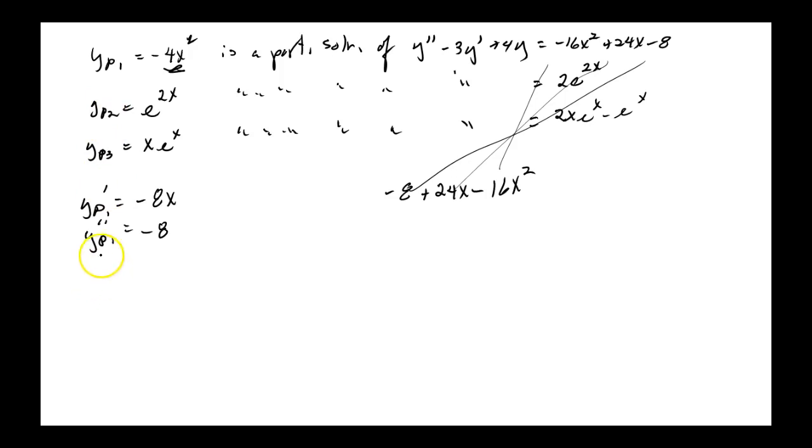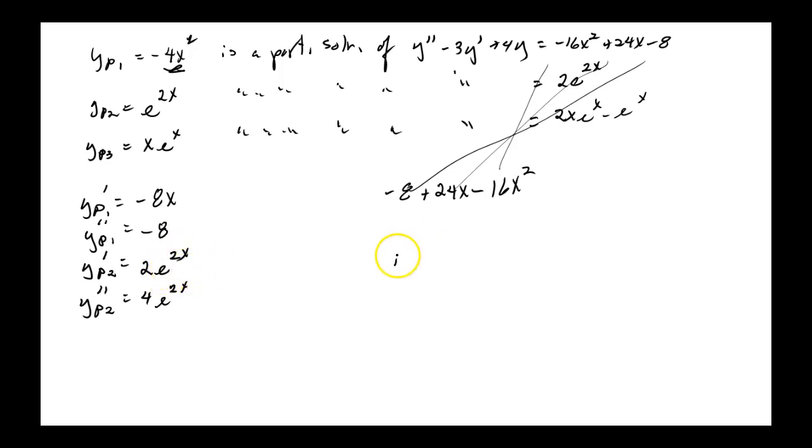Okay, let's do the same thing for the next one. y sub p sub 2 prime would be 2e to the 2x, and y sub p sub 2 double prime would be 4e to the 2x. So let's plug and chug here.